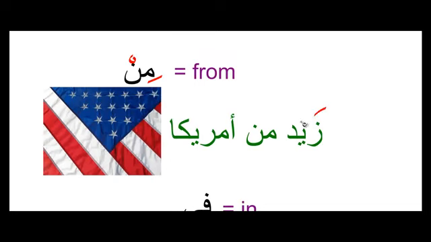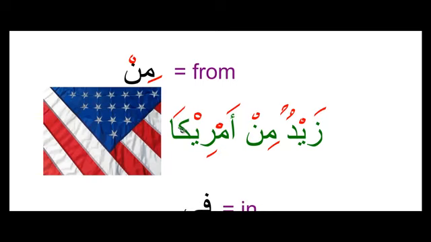So here the example is Zaydun min America. Zayd is from America. Now, what you're supposed to wonder is, why does America have a fatha instead of 2 kasras like it should?